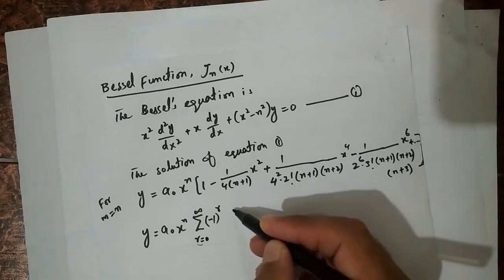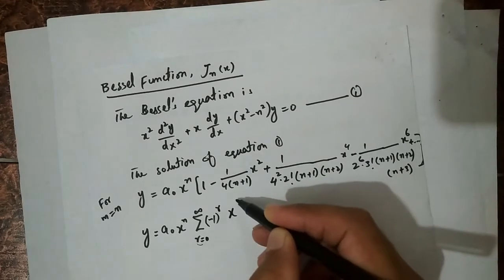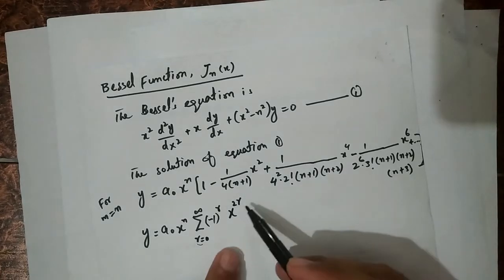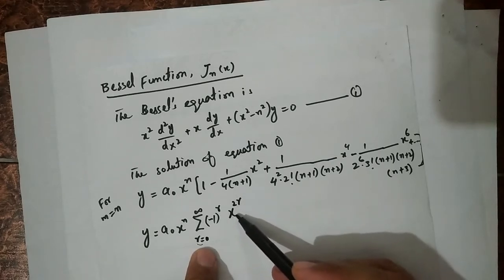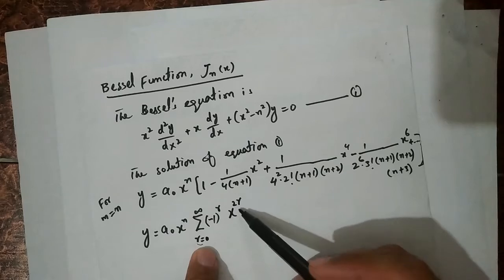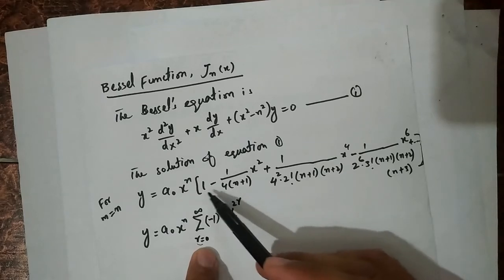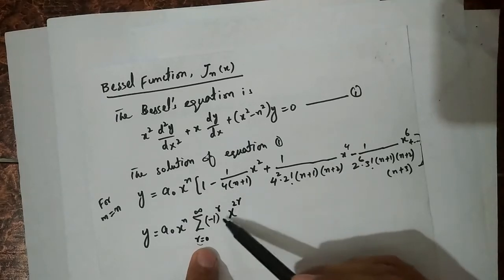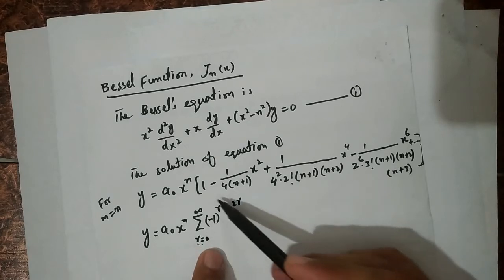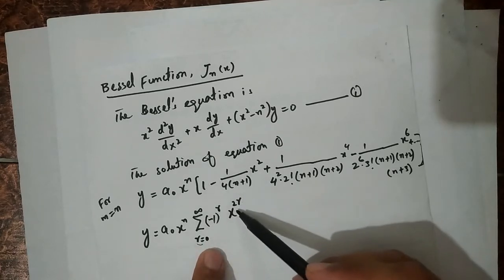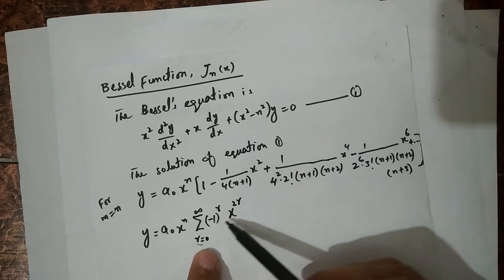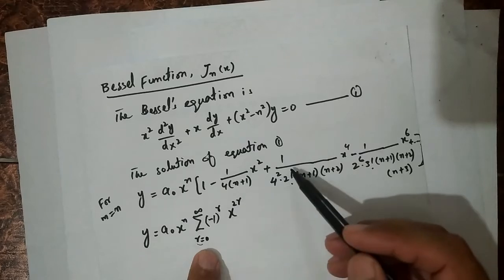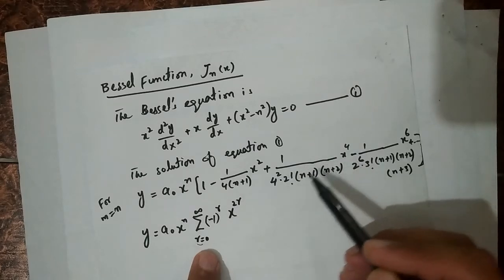Then if I write x to the power 2r, when r equals to 0, then x to the power 0 goes to 1. So for r equals to 0, again we get 1, and when r is equal to 1 we get x square. Clear? And for r is equal to 2 we get x to the power 4.